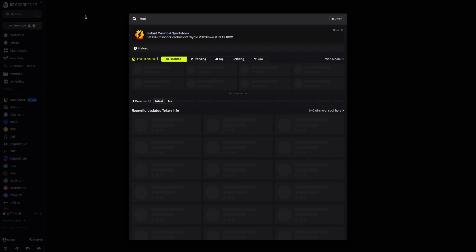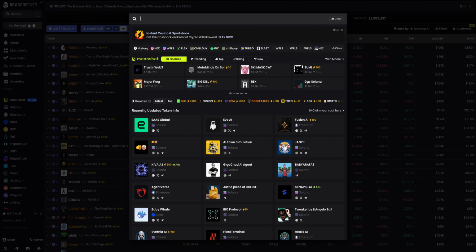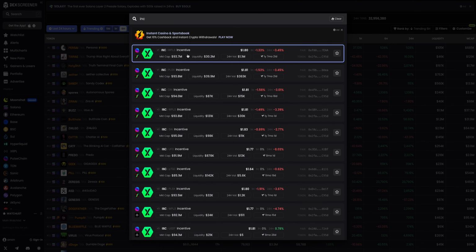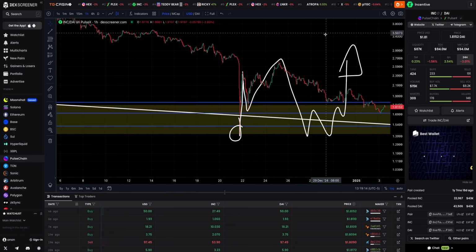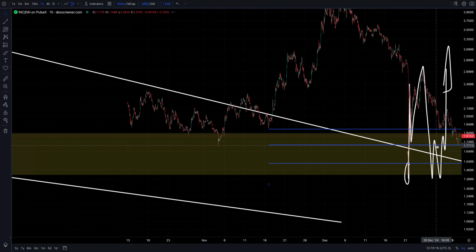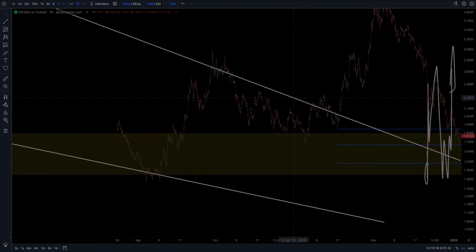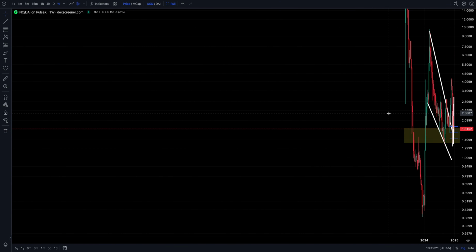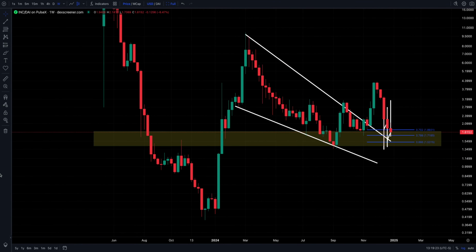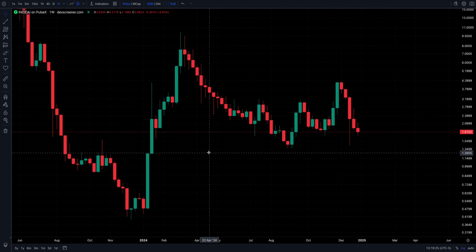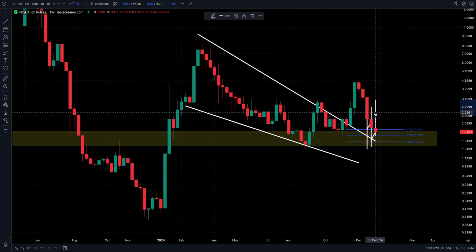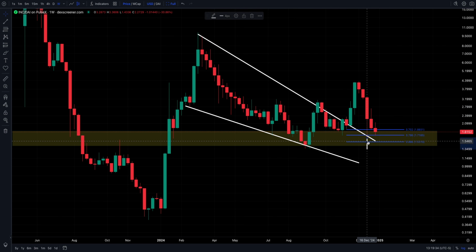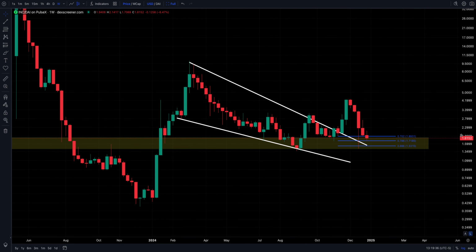Okay, let's take a look at incentive token over here. Okay, yeah, so this is looking good so far, as long as these supports hold, right?